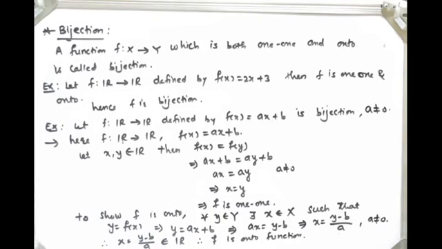Here f is both one-one and onto, therefore f is a bijection. Hence this is the solution of the example.